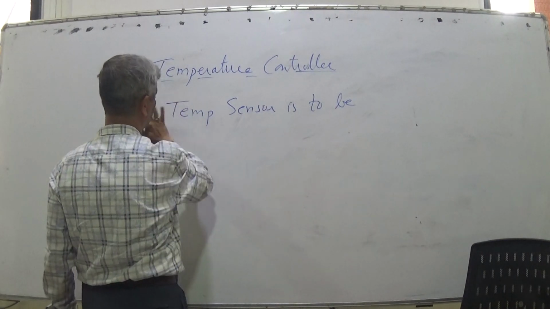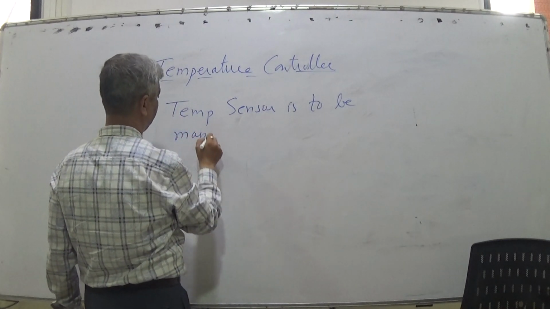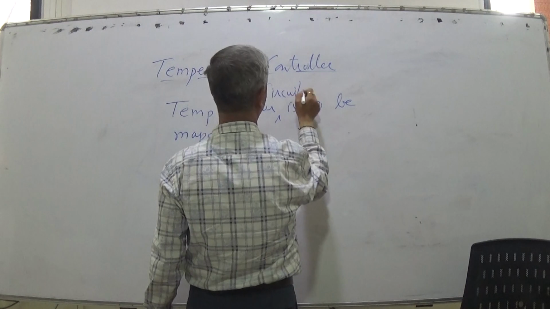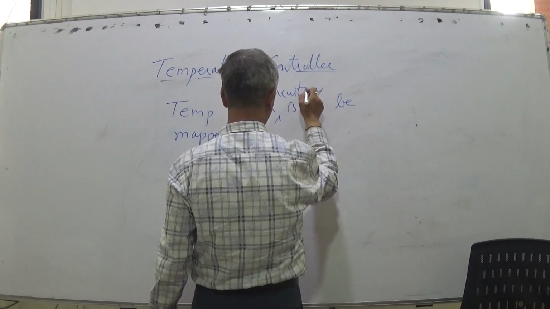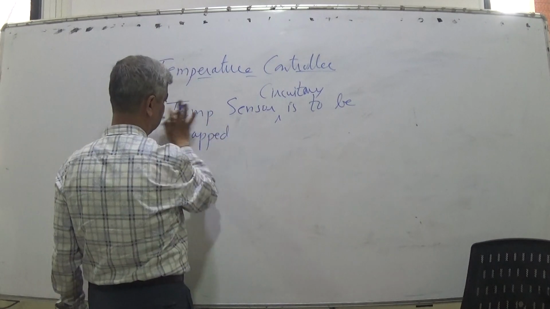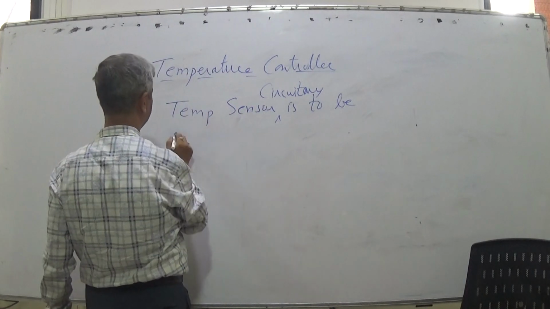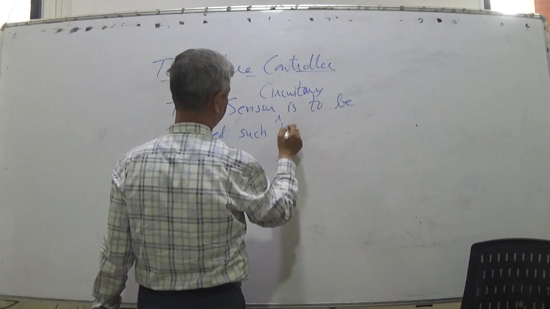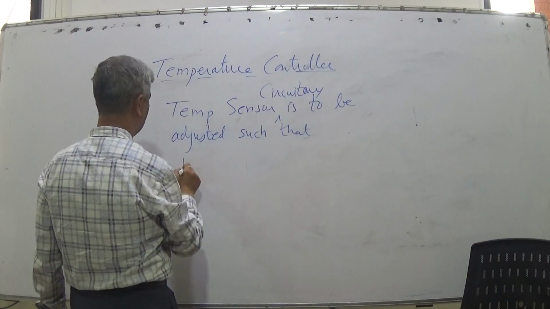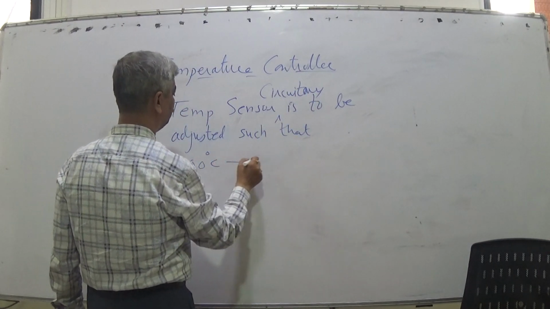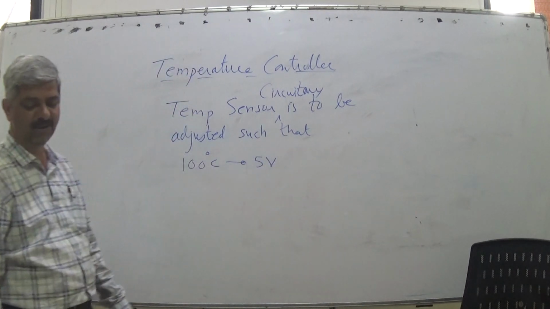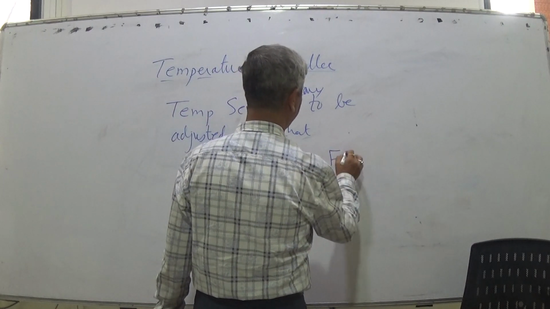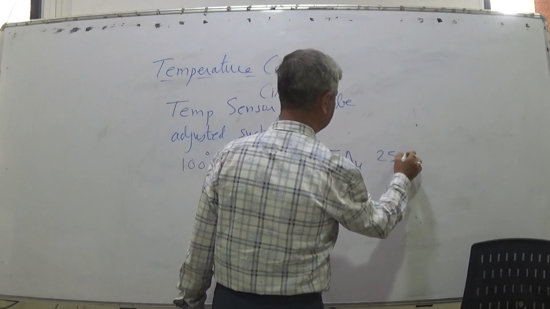What is the maximum temperature of water? Water boils at 100 degrees. The temperature sensor circuitry, whose details would be time consuming, is to be adjusted such that 100 degrees maps to 5 volts, and that 5 volts my ADC will map to FA hex or 250 decimal.